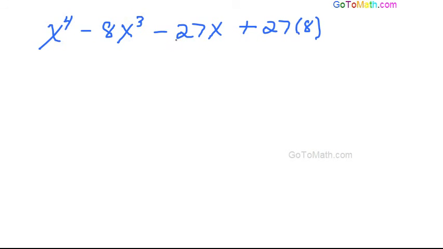Trying to figure this out. Like I said, these could be puzzles. Okay, what if we did this? We factored out an x cubed over here, so this becomes x minus 8.